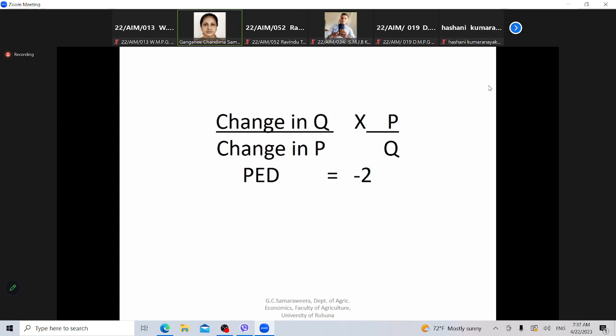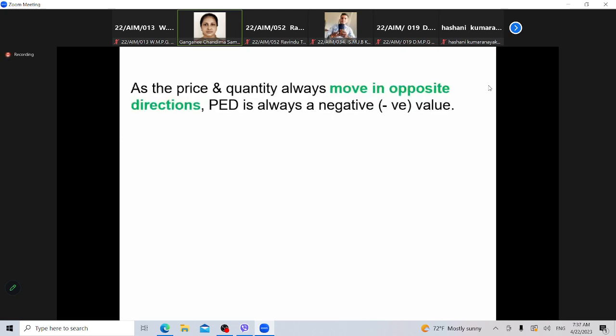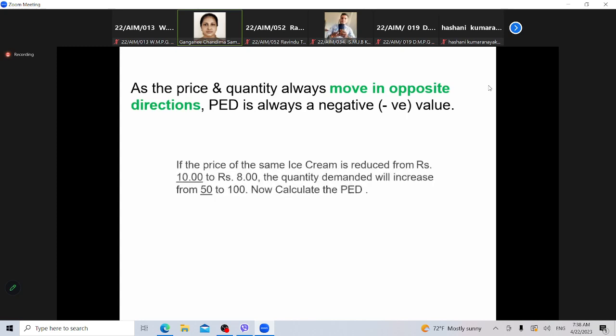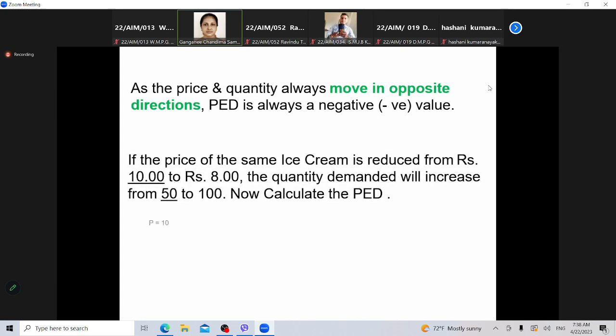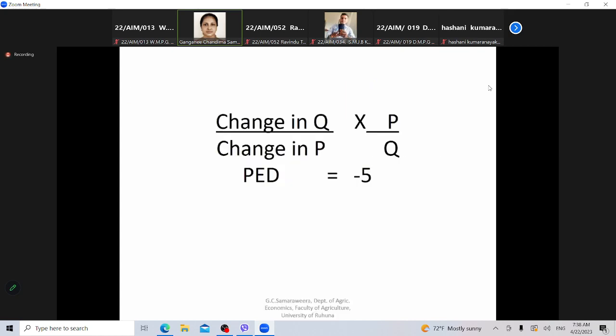When quantity demanded increases, price decreases. So price elasticity of demand is always a negative value, because these two variables, price and quantity, always move in opposite directions. We did this type of calculation, and I hope you can practice again and again.